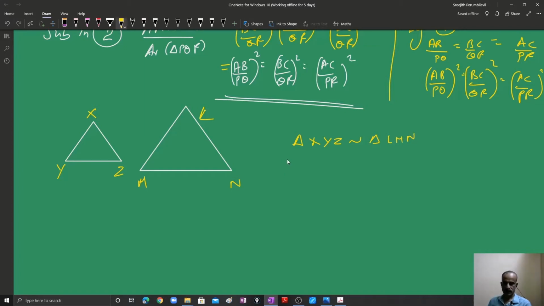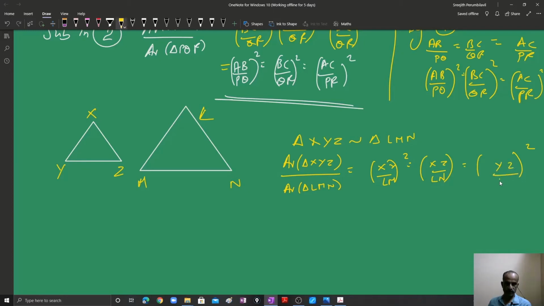Then area of triangle XYZ by area of triangle LMN will be equal to what? The square of something. Square of what? Square of the corresponding sides. Any side you can take. XY by LM is equal to XZ by LN is equal to YZ by MN, whole square. That is the idea.